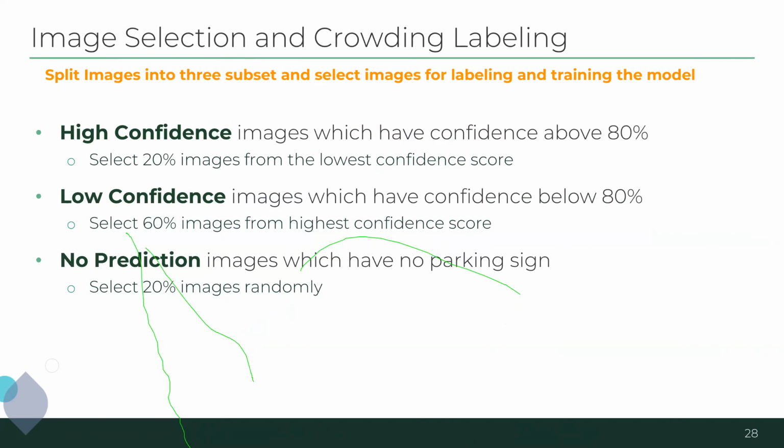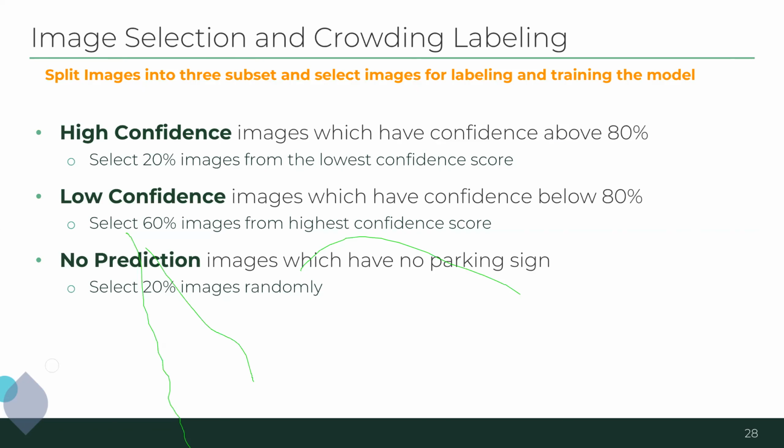The second subset is the low confidence images, which detect the parking spot but with low confidence, less than 80%. From that subset, we select 60% of images with the highest confidence score. The last subset is where there's no parking spot in the image, and from that we randomly select 20% of the images, and it goes again to labeling and then training the model.